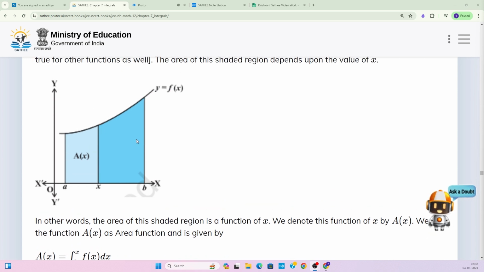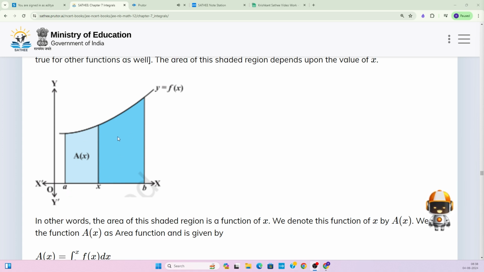As you can refer to this diagram, we have the x-axis and y-axis. On the x-axis we are taking ordinates from a to b, and this curve is y equals f(x).